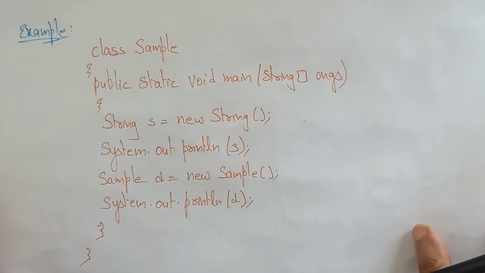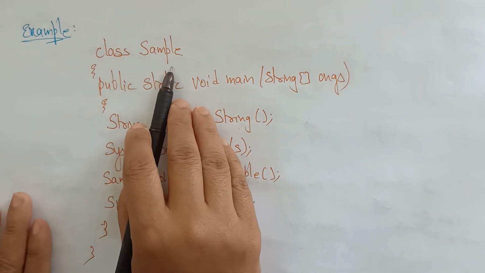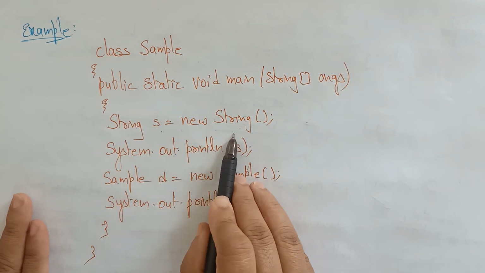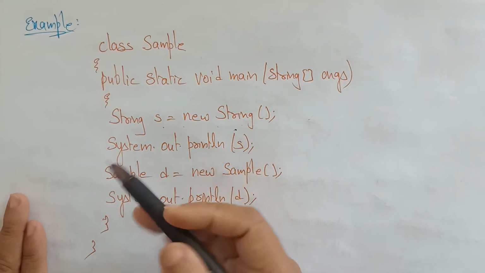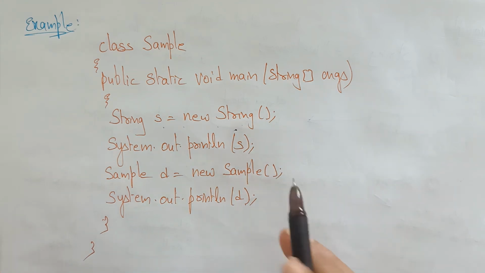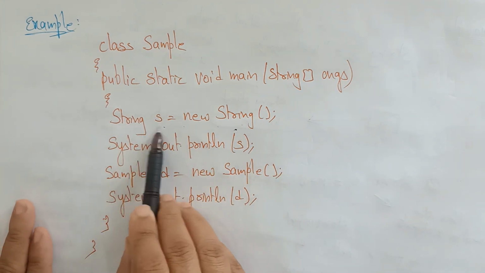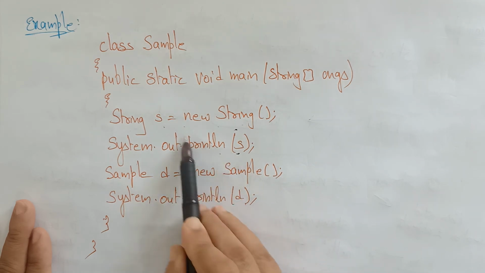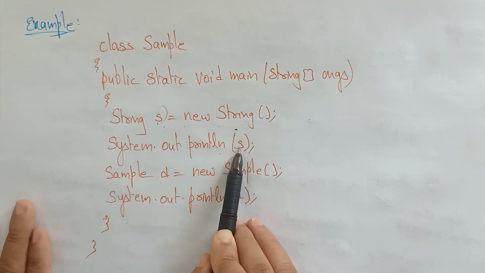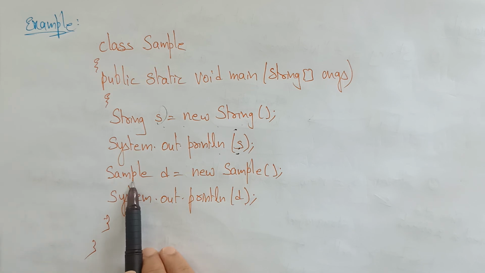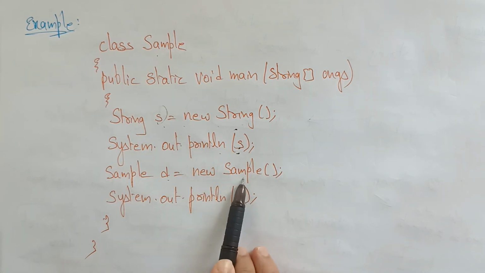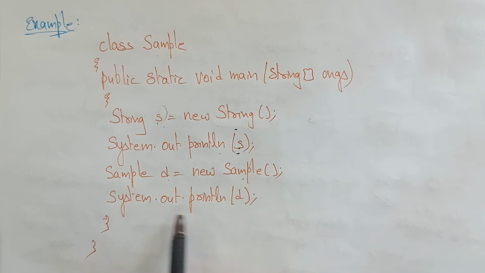Here I have created one example: class Sample, public static void main, String s is equal to new String. By default the Java packages will be present, I'll explain that. System.out.println(s), I'm printing s, and I'm taking another object, a class object, Sample d is equal to new Sample, printing d.